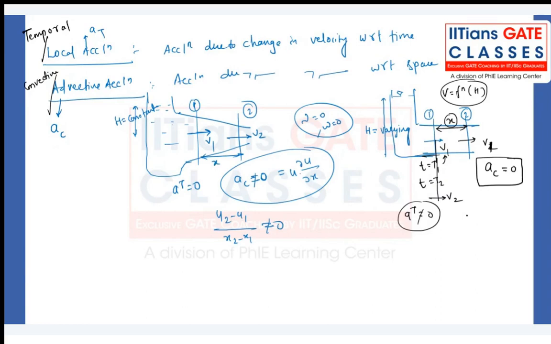Let me discuss the acceleration field. Whenever we are discussing any field, we will talk in terms of x, y, z coordinates, right? So we will have not only the x component of velocity, but also the y component and the z component of velocity, and acceleration also, right?